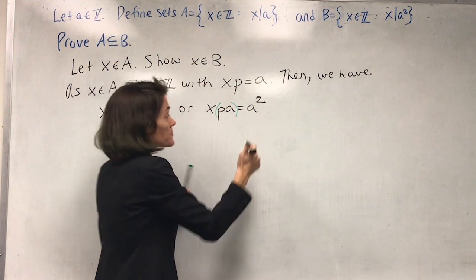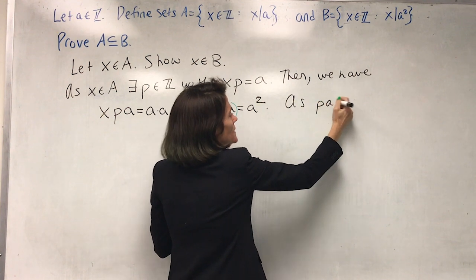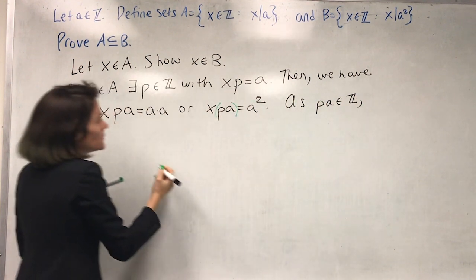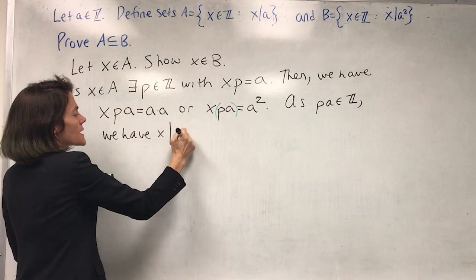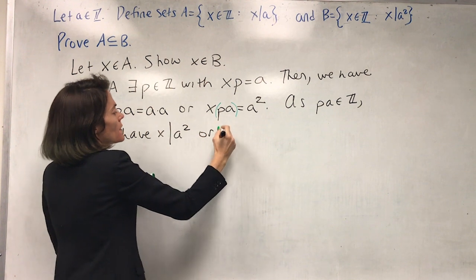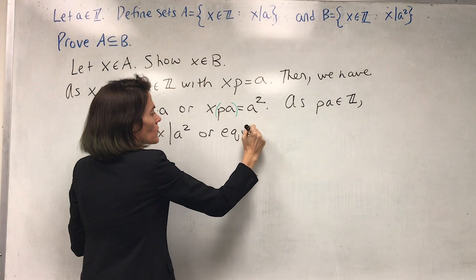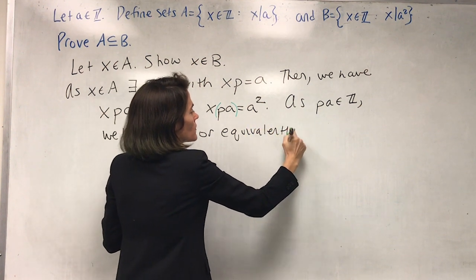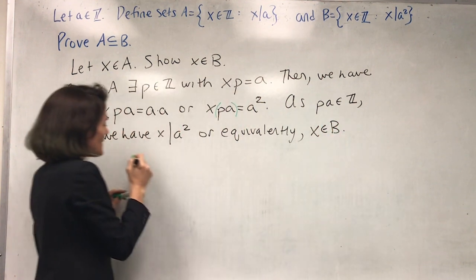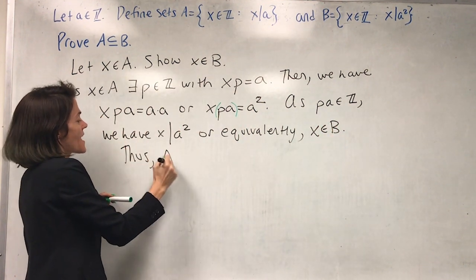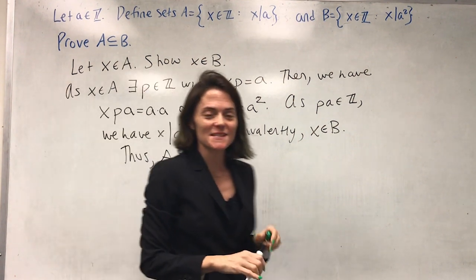We are in great shape because, as PA is in Z, we have X divides A squared, or equivalently, X is in B. So thus, A is a subset of B. And this is the end of this proof.